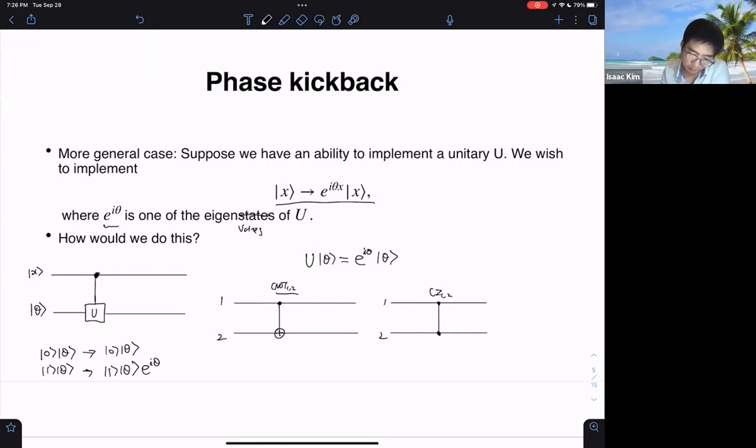Therefore, we can see that this operation actually implements |x>|theta> to |x>|theta> with the global phase of e^(i theta x).